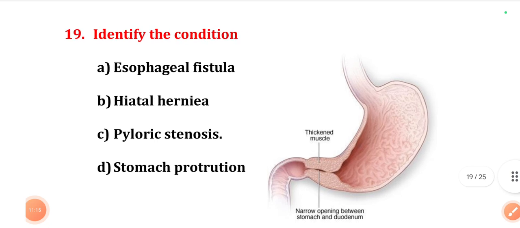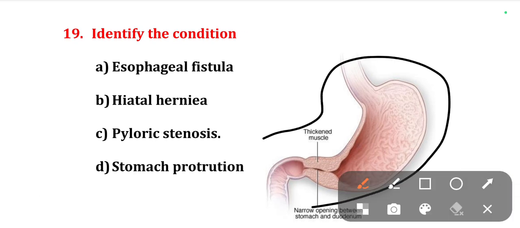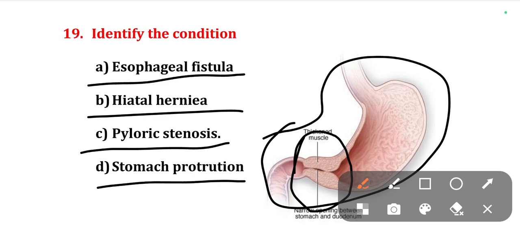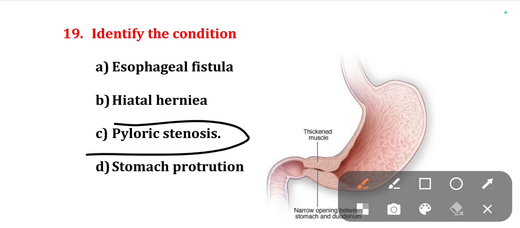So the next condition, here in the picture you can see, okay, this is some abnormal condition. So what is this condition? Options are esophageal fistula, hiatal hernia, pyloric stenosis, stomach protrusion. The same options for this question also. So the right one is pyloric stenosis.